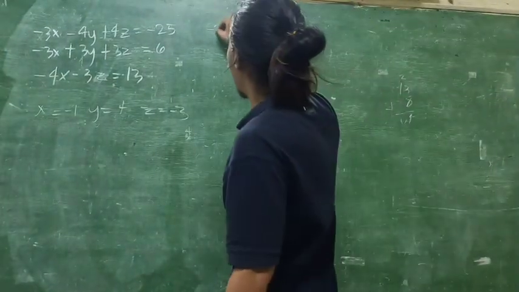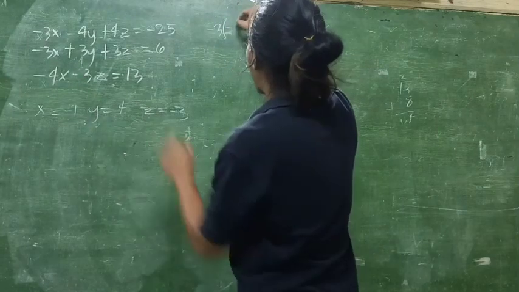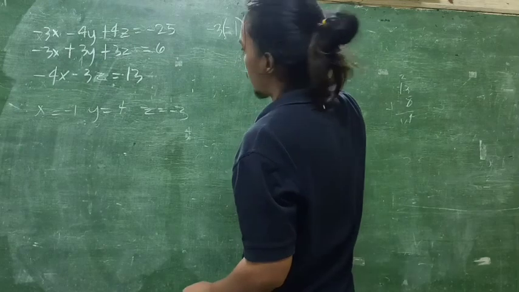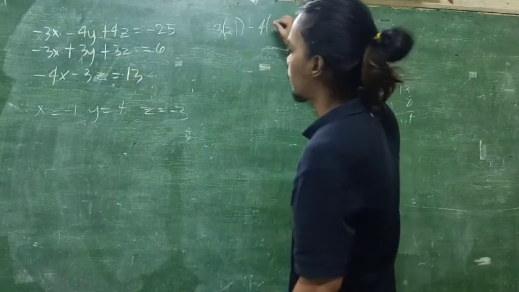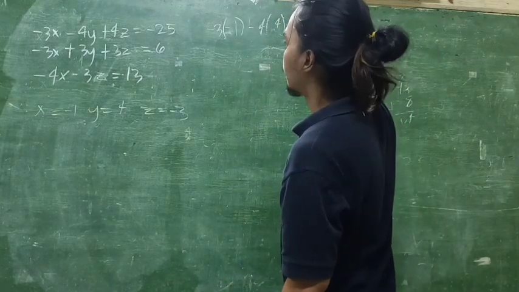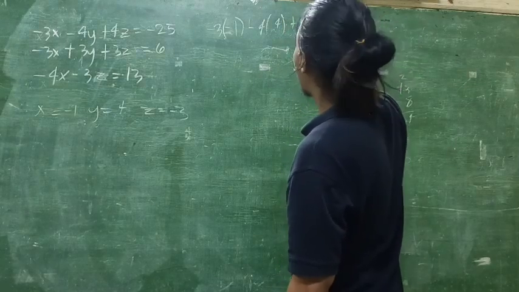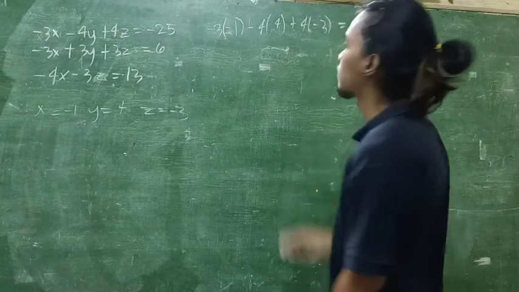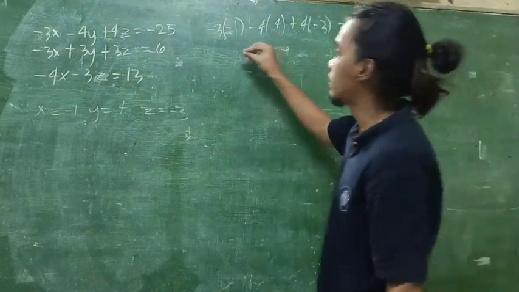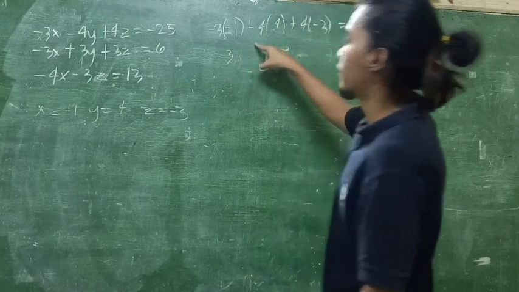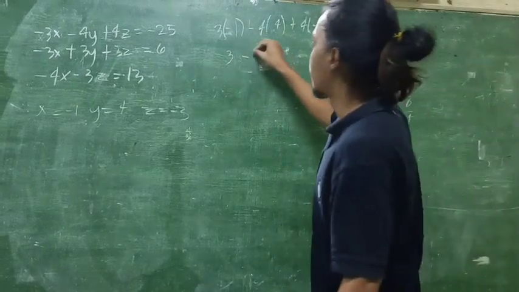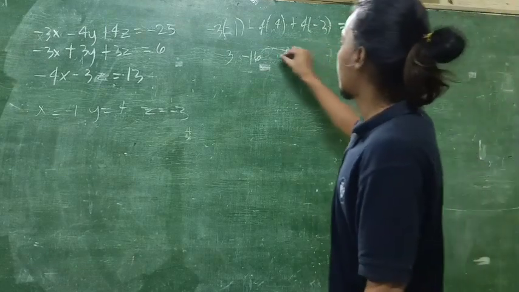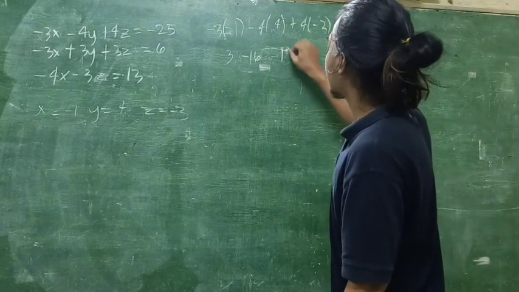So negative 3 times negative 1, minus 4 times our y, which is 4, plus 4 times our z, which is negative 3, is equal to negative 25. So negative 3 times negative 1 is 3. Negative 4 times 4 is negative 16. And 4 times negative 3 is negative 12.